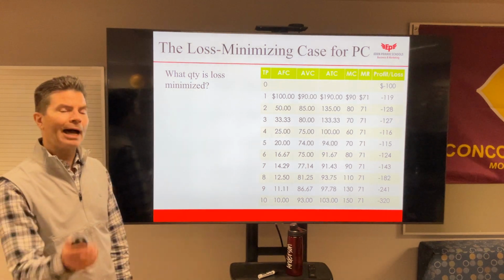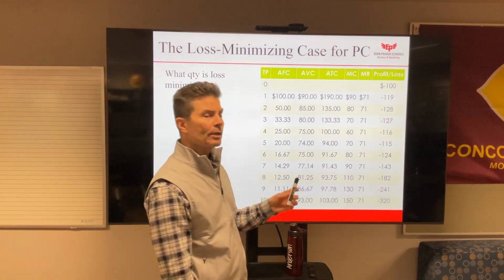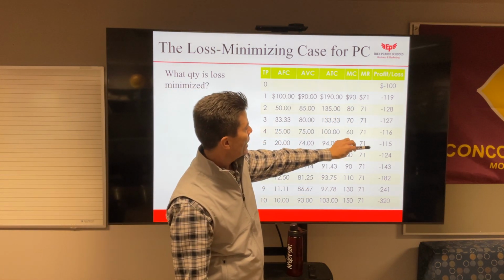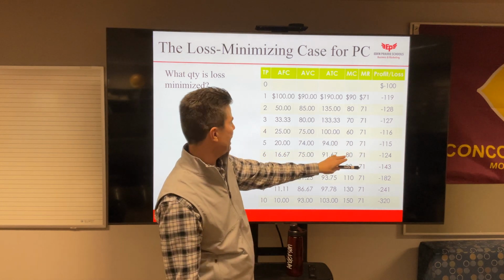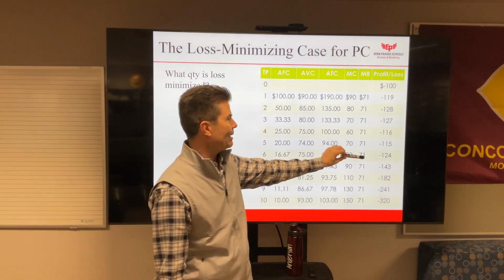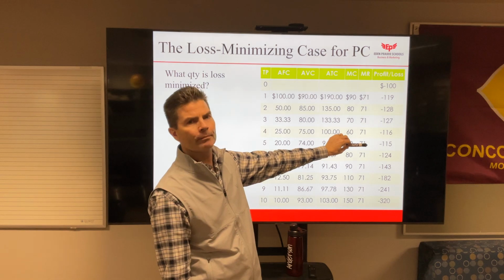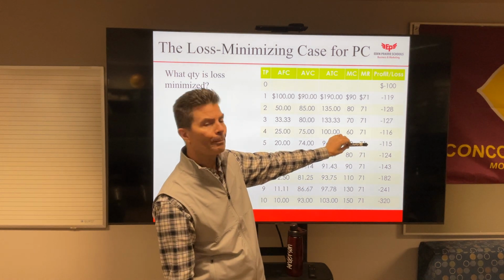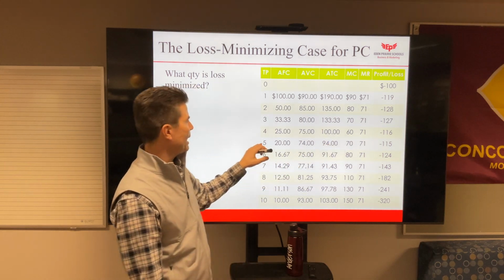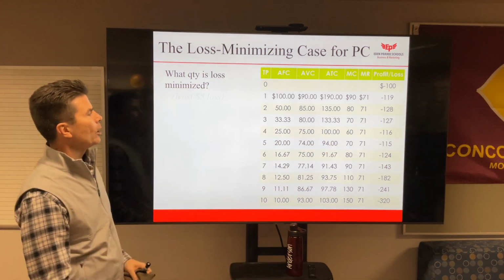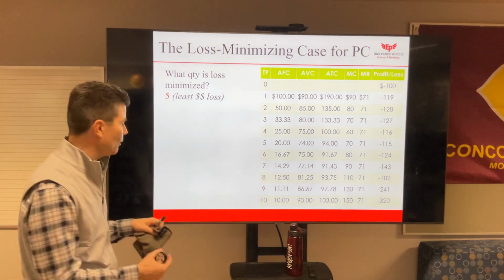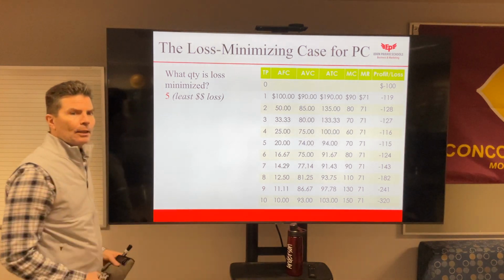The answer is find MR and MC. Where is MR more than MC at the last unit? MR is more, MR is more. Okay, at a unit of 6, that's too much, so I have to go back up 1. Right, because marginal cost is more than marginal revenue, so I go up 1. Right, so at a quantity of 5, if we were to produce, and we're going to find out at the very end, the last question is, should we produce or not?